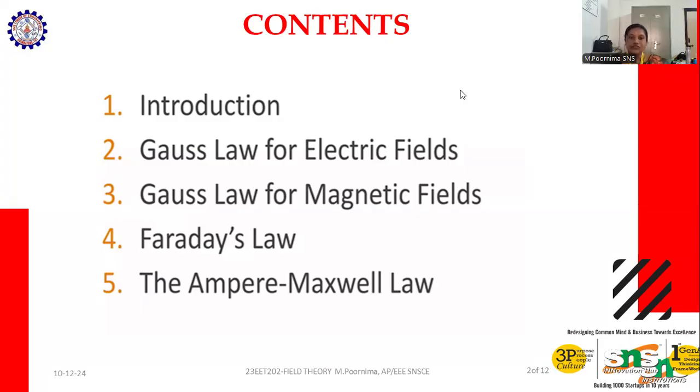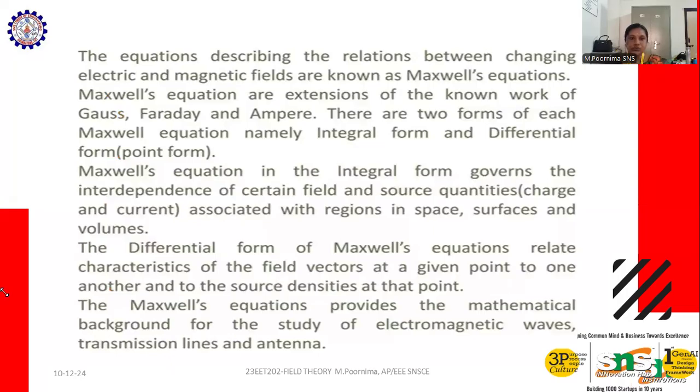First, what is Maxwell's equation? The equations that describe the relationship between changing electric and magnetic fields are known as Maxwell's equations.